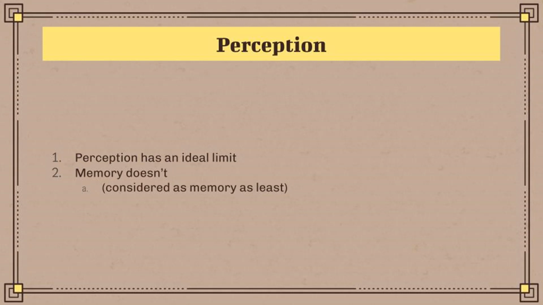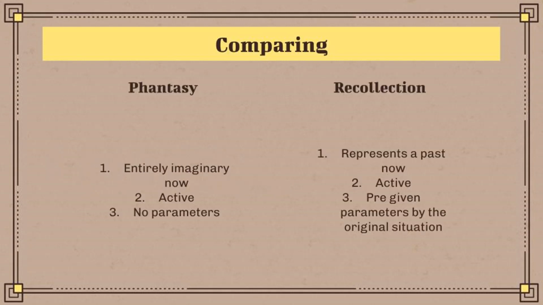We have a comparison between fantasy and recollection. Fantasy has objects which are entirely imaginary now, whereas recollection represents a past now, something which actually happened.